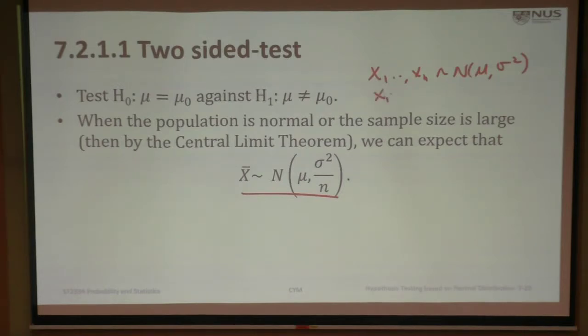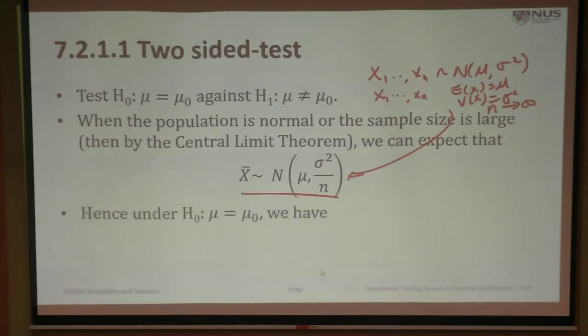Even if we just have x1 up to xn with expectation of x equal to mu and variance of x equal to sigma squared, if n is big, then we still have these results approximately. So under the null hypothesis, mu equal mu naught, x bar is normally distributed with mean mu naught. That is the distribution of x bar under the null hypothesis.